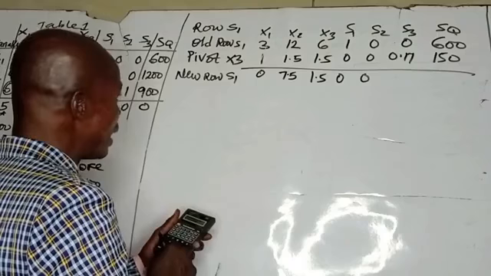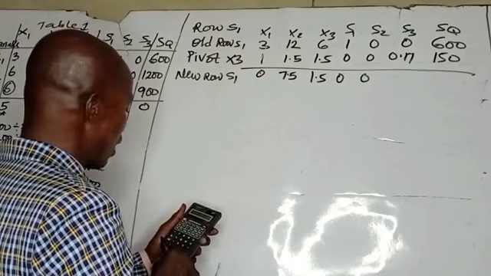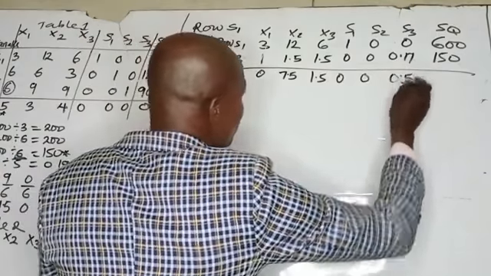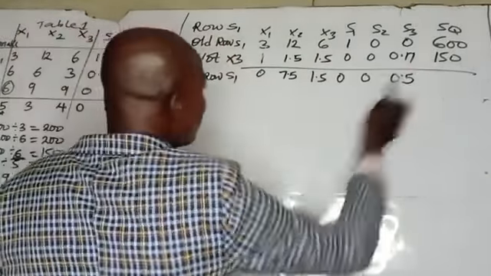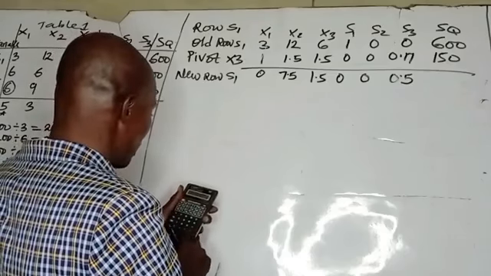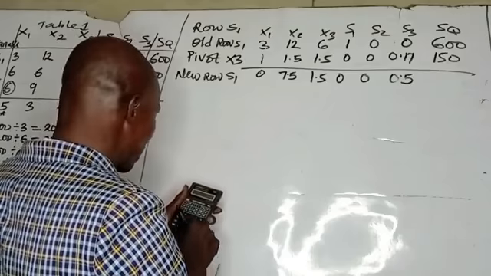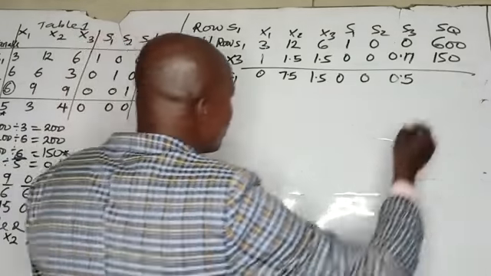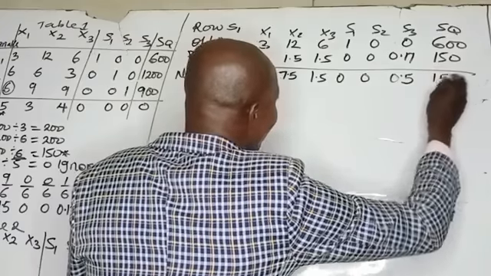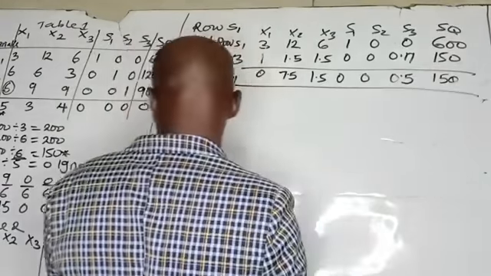So if you multiply by 3, you have 0.5. Then 3 times 150 is 450. If you subtract 450 from 600, you'll be left with 150.